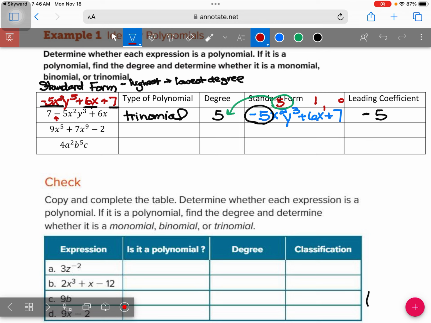Do you guys have 2 terms or 3 terms in your first one? Was yours a little different from mine? Did you have 7 minus? Yes. Okay, good. All right, so the next one, 9x to the 5th plus 7x to the 9th minus 2. How many terms do you see there? 3, right? Separated by 2 addition signs, so that is another trinomial.